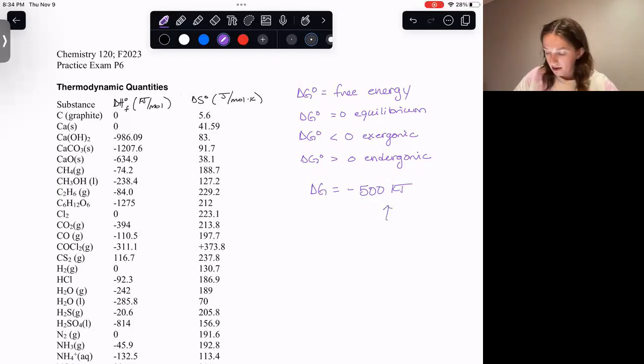And say delta G was negative 15 kilojoules. At negative 15, we're closer to 0 compared to negative 500. So the negative 15 reaction is going to be more reversible because we're closer to equilibrium.